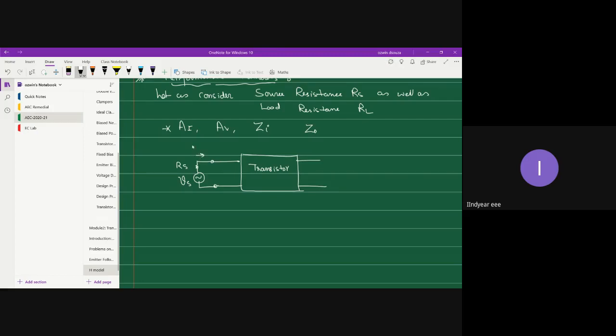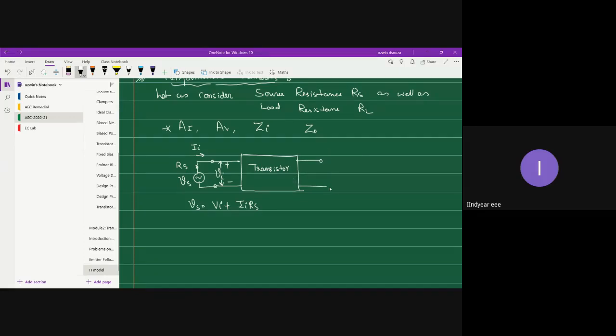And this current, we will take it as II. The effective voltage that is getting applied across the transistor input, we shall take as Vi. But remember, Vi is not equal to Vs. In fact, Vs is equal to Vi plus II into Rs. So we have considered a small source resistance in series with the source. No longer are we considering it as an ideal source.